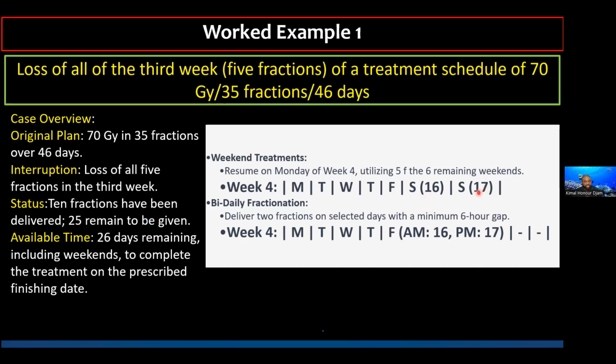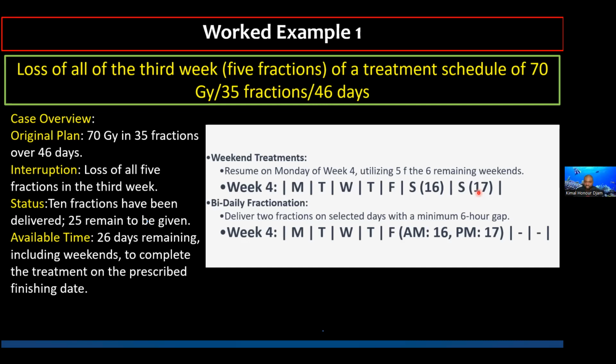Remember, there are 5 weekends remaining. We will be able to treat the entire prescribed dose within the prescribed period without a need for a change in fraction size or extension of the overall treatment time. And this is really considered a good option, but it is a lot more taxing because everybody needs to come in during the weekend for a treatment.